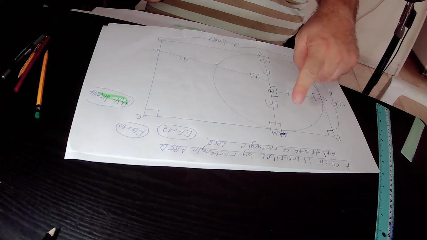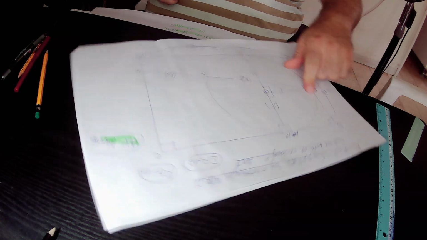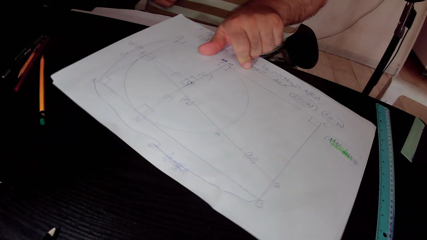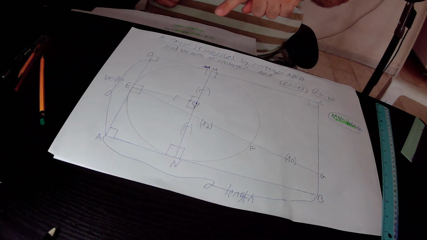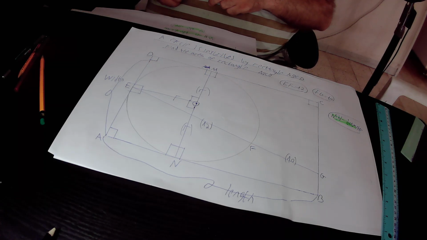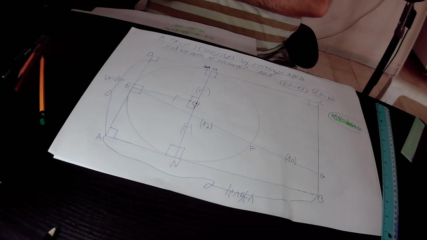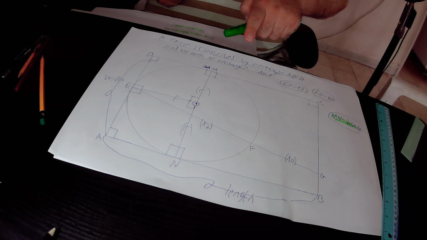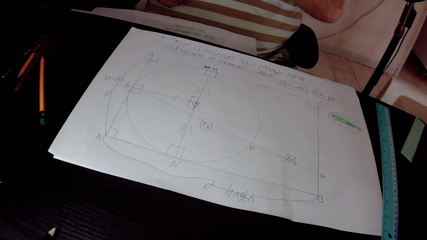MN is of course a straight line, and therefore this shape DMNA consists of 4 sides, and therefore shape DMNA is a quadrilateral.